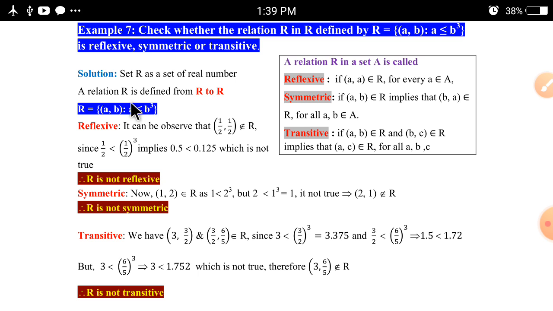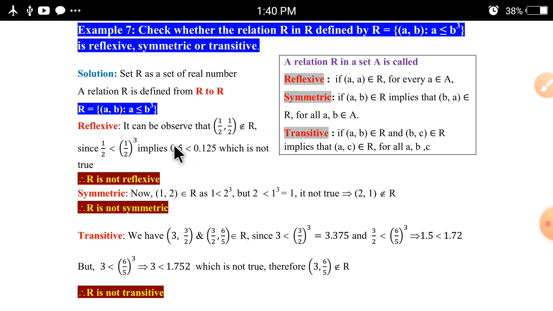This definition is very important: a is less than or equal to b cubed. Apply it here. In place of a, put 1/2, and in place of b, also put 1/2. So, is 1/2 less than or equal to (1/2) cubed? The value of 1/2 is 0.5 and the value of (1/2) cubed is 0.125.